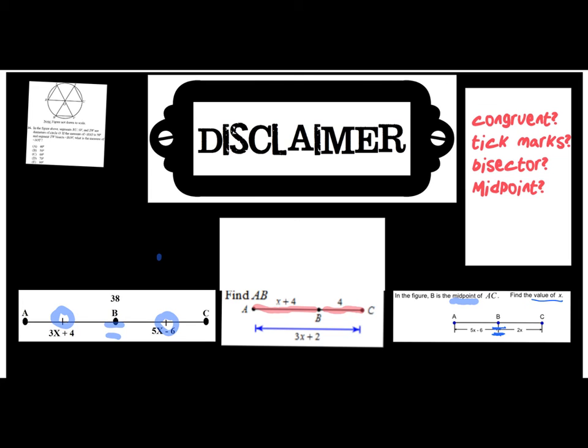So I'm going to take x plus 4 and add the other segment, which is 4. But what do they equal? It equals the whole segment, the whole shebang, which they show you at the bottom, the 3x plus 2. I'm going to stop right there because that leads us into tomorrow's lesson.